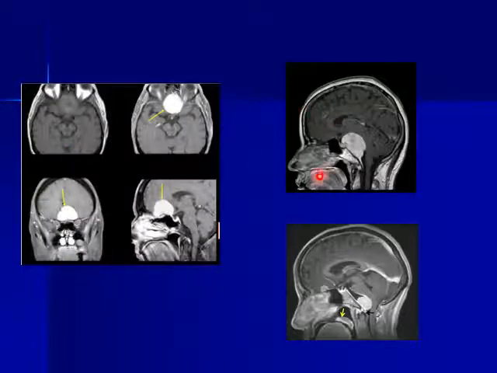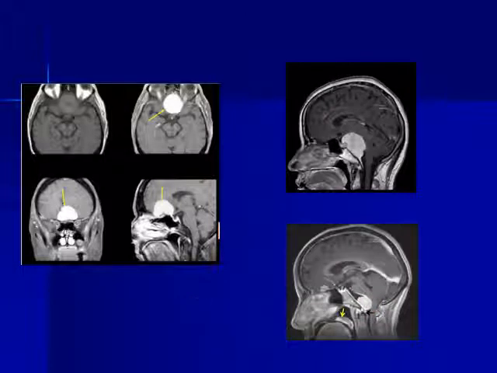When it involves the region called planum sphenoidale meningioma, sometimes it goes more anteriorly into the olfactory groove, and we call it olfactory groove meningioma, such as this one, and this is a retroclival meningioma.